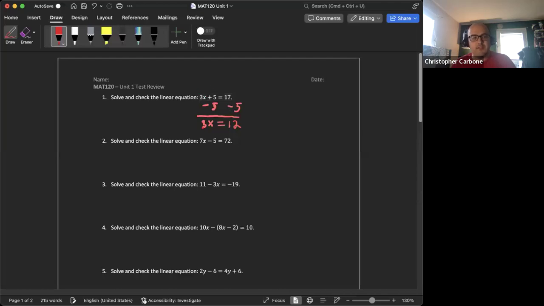You would divide by 3 to get our answer, which would be that x is equal to 4. And as a set, that would just be in these curly brackets with the 4 in between them.